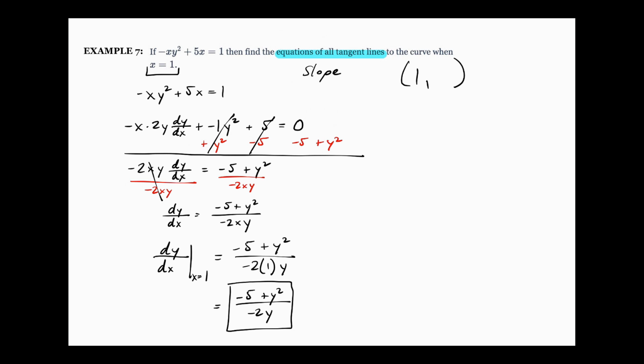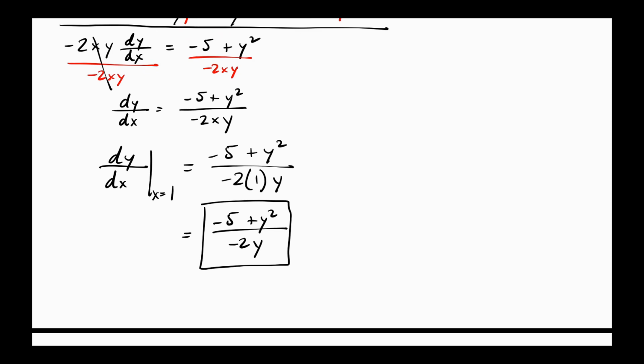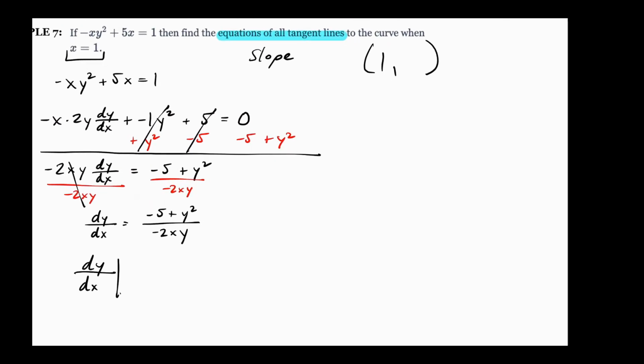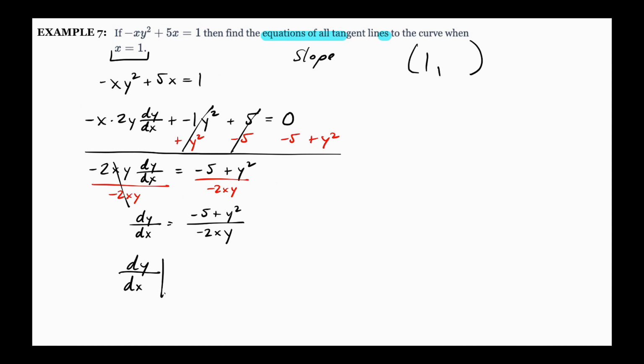There you go. Plug in 1 to the original equation, because I'm going to need an x and a y, not just an x this time. In the past, x was fine because it was y equals something, right? I plug in x, I got my answer. Here, it's not that way, right? So I'm going to have to plug in x up here.